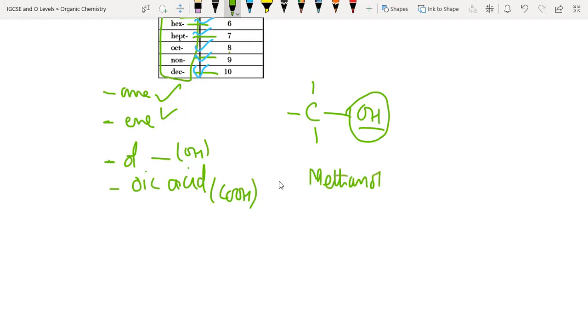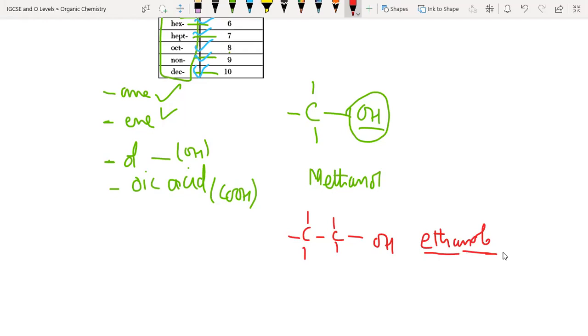Similarly, if it contains 2 carbon atoms and one OH, then it will be ethanol. This portion is from the prefix and this is from the suffix.